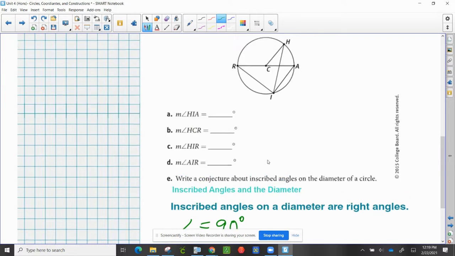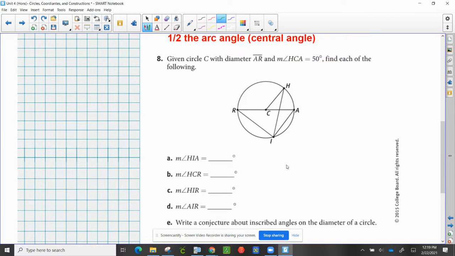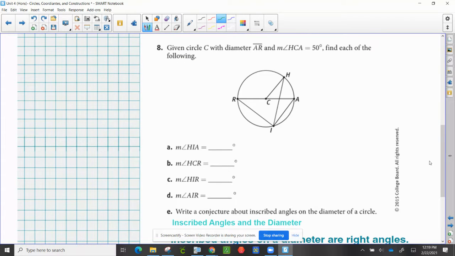Okay. So let's do that. We're going to fill in these problems up here. So we're given circle C with diameter AR. Remember, anytime we're given a diameter, we're probably going to use the fact that that's a semicircle. But they gave us the measure of HCA. They say HCA is 50 degrees. Now, HCA is a central angle, so if I have a central angle, I also know that this arc, HA, is 50 degrees.